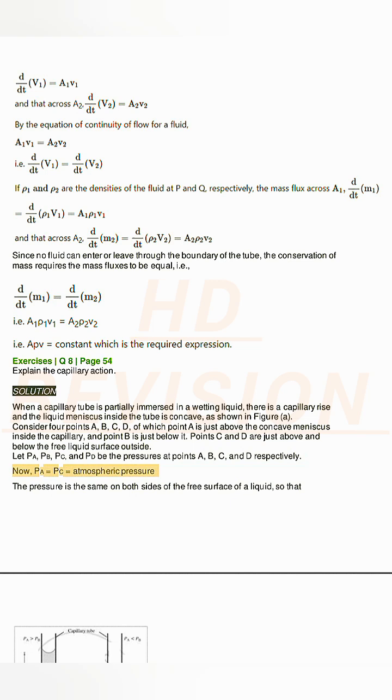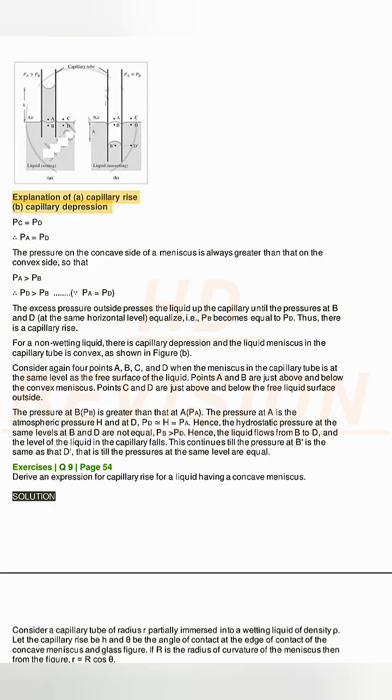Now, PA equals PC equals atmospheric pressure. The pressure is the same on both sides of the free surface of a liquid, so that PC equals PD. Therefore PA equals PD. The pressure on the concave side of a meniscus is always greater than that on the convex side, so that PA is greater than PB.